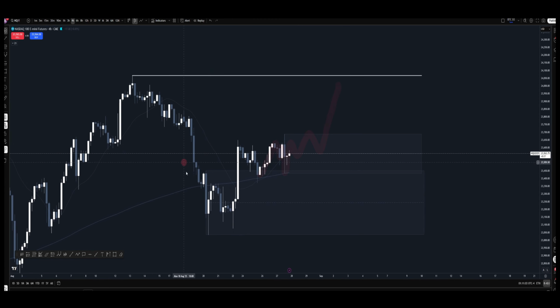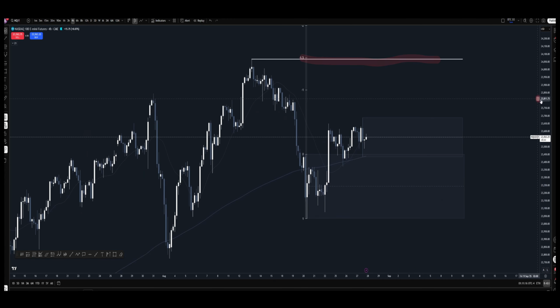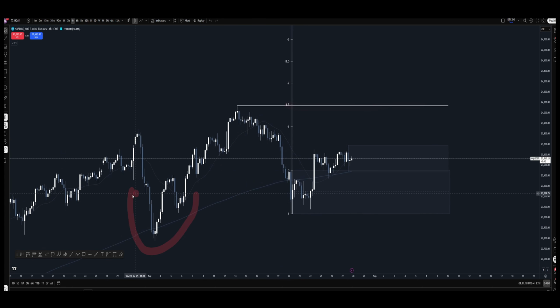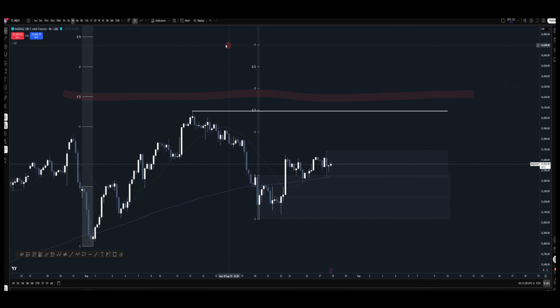We can do a standard deviation from here as well. SD 1.5 there at the high. And we can grab one from this main swing low as well. SD 1.5 there too, areas to watch.